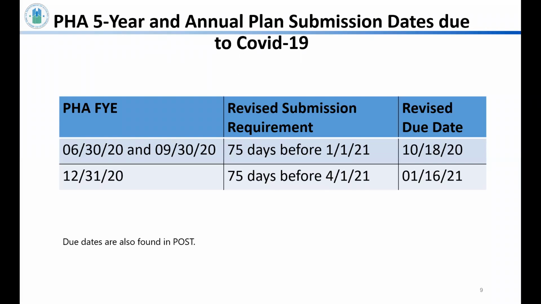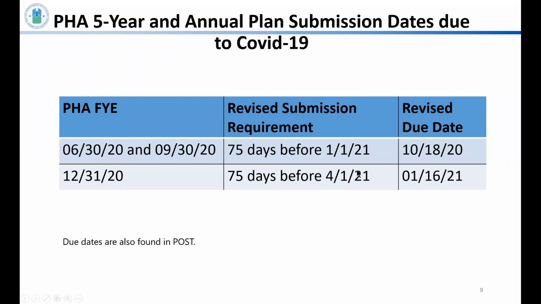So HUD has waived these requirements and provided alternative deadlines for some PHAs. Specifically, HUD has established an alternative requirement under which PHAs with June 30 or September 30 fiscal year end dates must submit their 5-year plan and annual plans no later than 10/18/20.